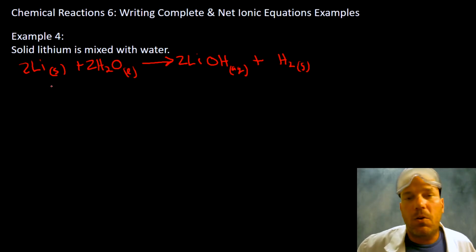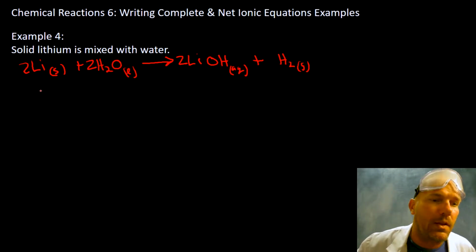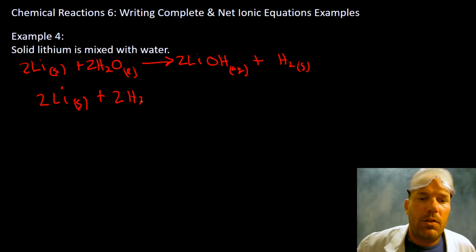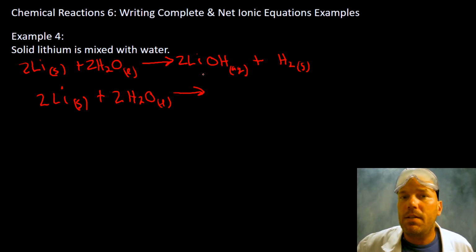And so I like it because it's a little different, but we can still write a net ionic equation for this. So we're going to leave the lithium. We are going to leave the water. We're going to dissociate the lithium hydroxide.